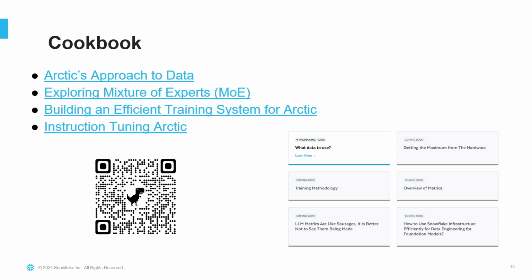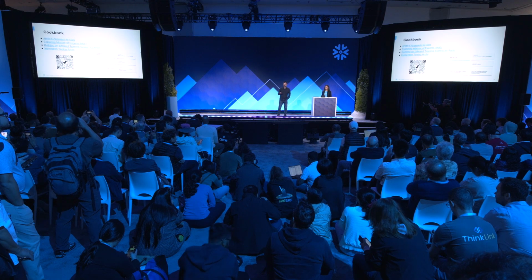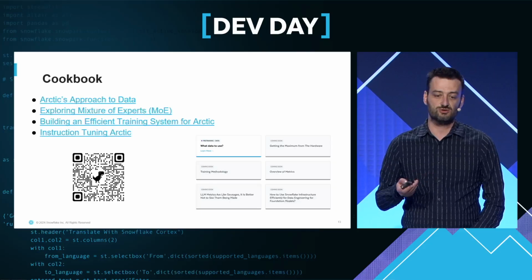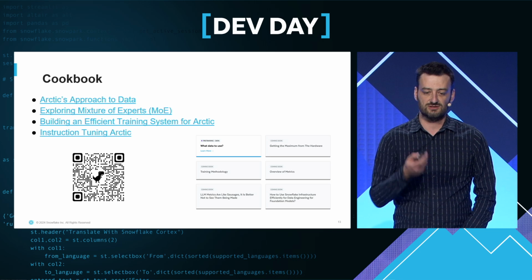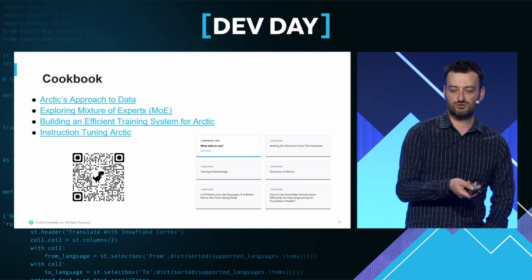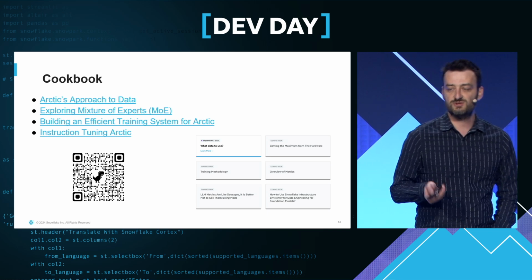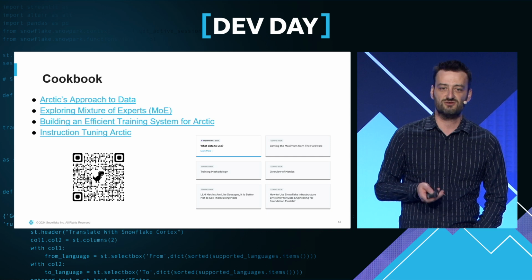Another one is on how the training system became much more efficient, going into the lower level optimizations that went into the process. Another one talks about the data insights that we have gained. And finally, there is the last one, which talks about instruction tuning with Arctic. And we have committed to sharing more blogs along the way. You can see the QR code to the URL that contains the cookbook. We'll be releasing more and more blogs along the same lines, sharing the insights.